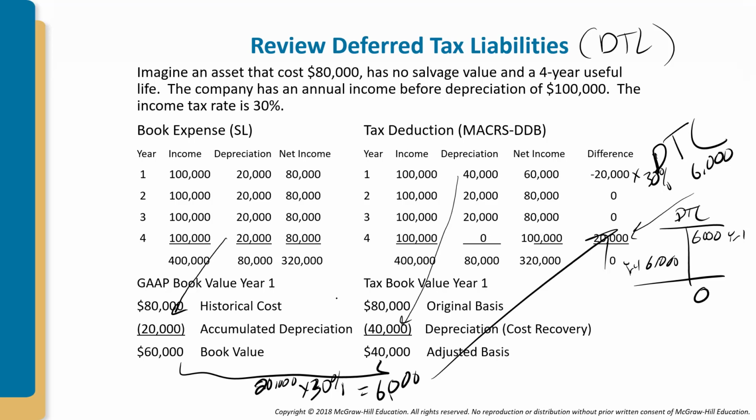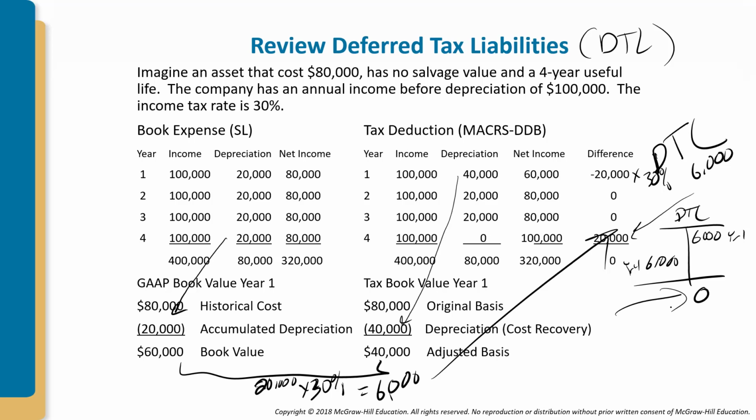It's going to be 80,000 minus 80,000 at the end of year 4, which is 0, and 80,000 minus 80,000 for tax, so it's going to be 0 at the end, and that's how the difference between book value and adjusted basis gets down to 0.